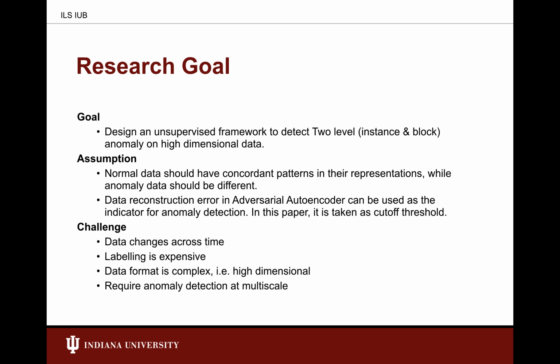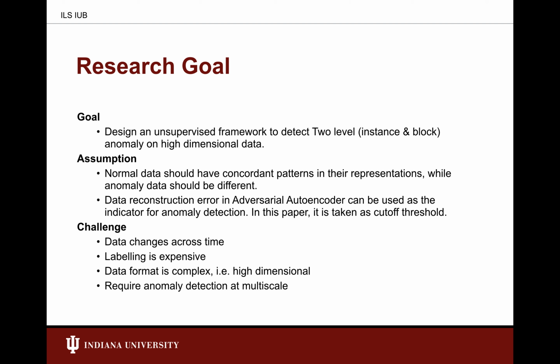Therefore, we design an adversarial autoencoder to train on normal data. After it has converged, the reconstruction error on the normal data should be small because it can better identify the normal data distribution patterns, while for the anomaly data, it is not able to identify the anomaly data's patterns, and the reconstruction error can therefore be used as the indicator to detect anomalies.